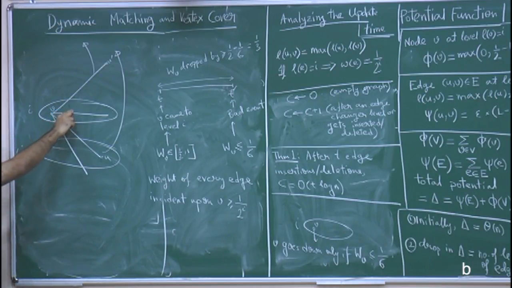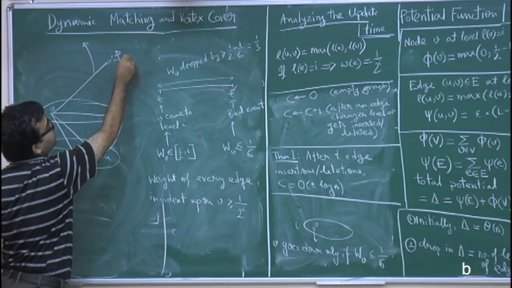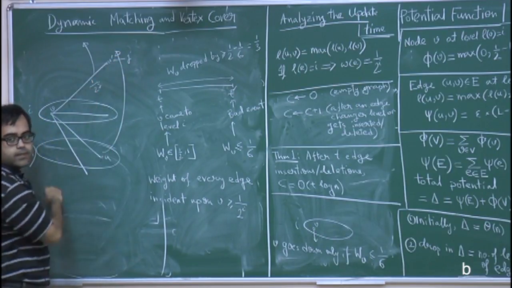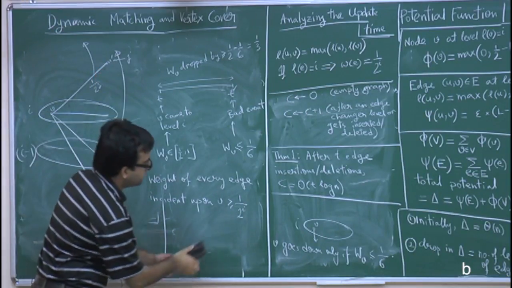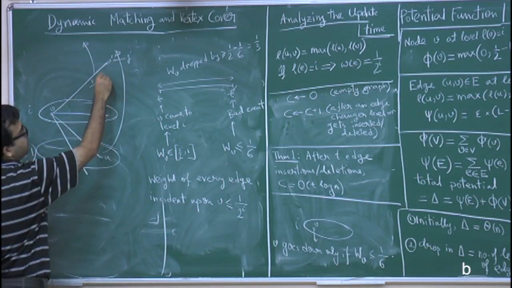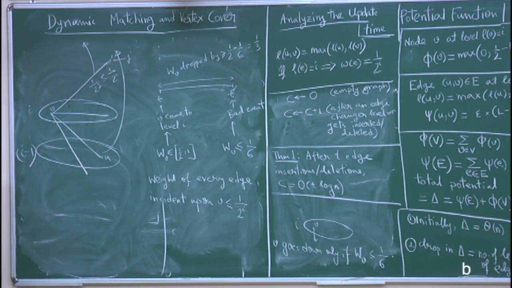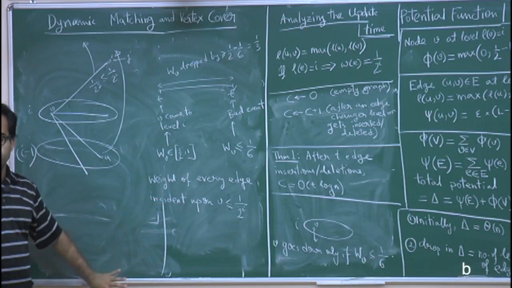Because the weights of these edges whose other endpoints are below i are exactly 1 by 2 to the power i, and for these edges, if U is at, say, level j, what will be the weight of this edge? 1 by 2 to the power j, right? And 1 by 2 to the power j is, sorry, it is the other way round, 1 by 2 to the power j is less than or equal to 1 by 2 to the power i. So the weight of every edge incident upon V is at most 1 by 2 to the power i.